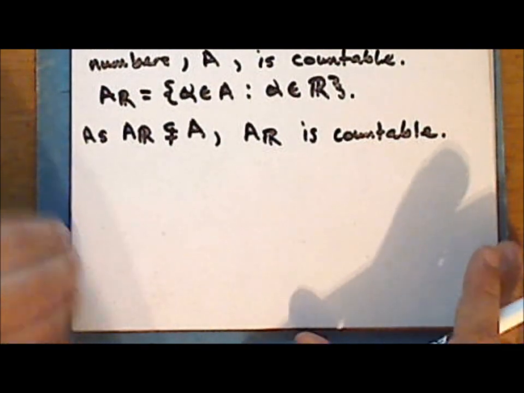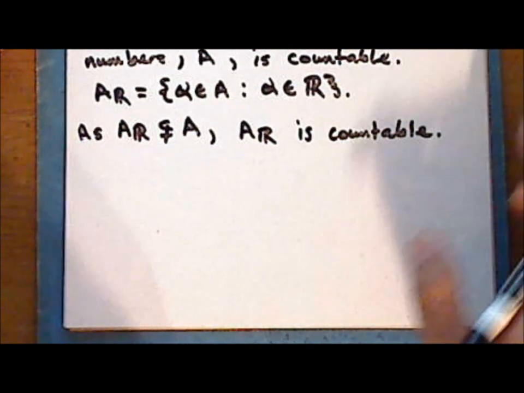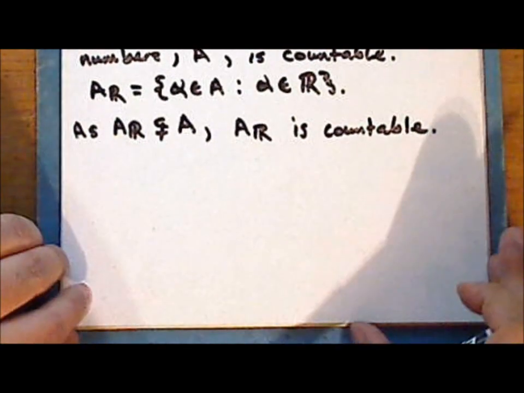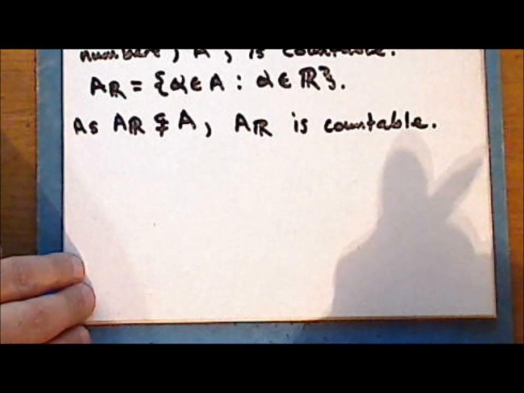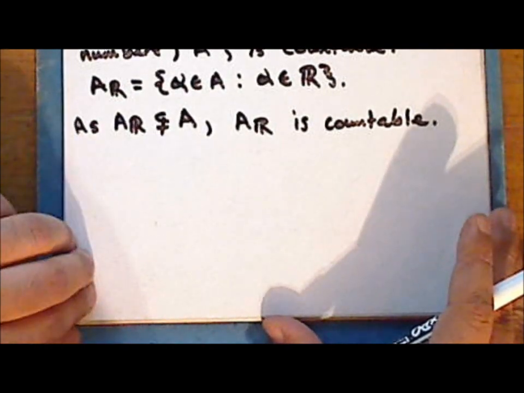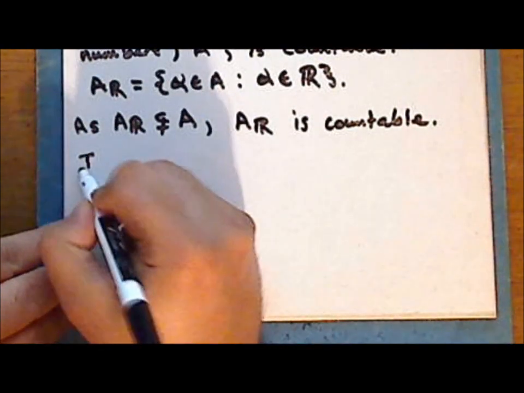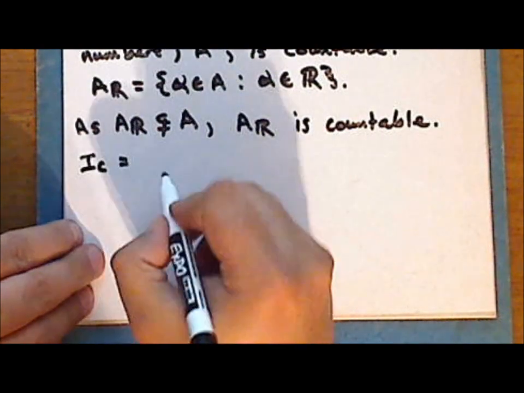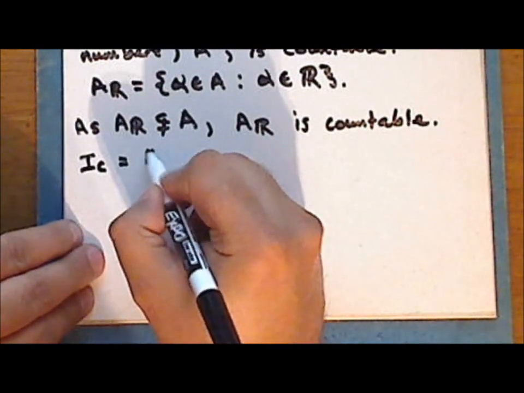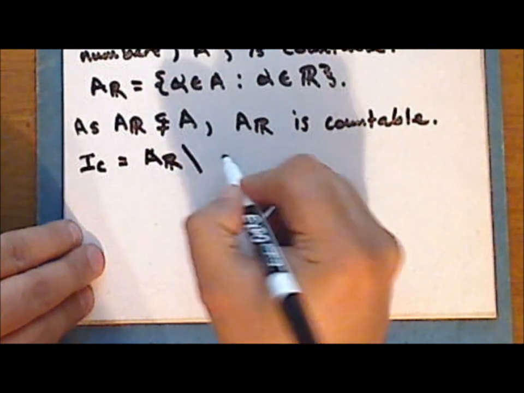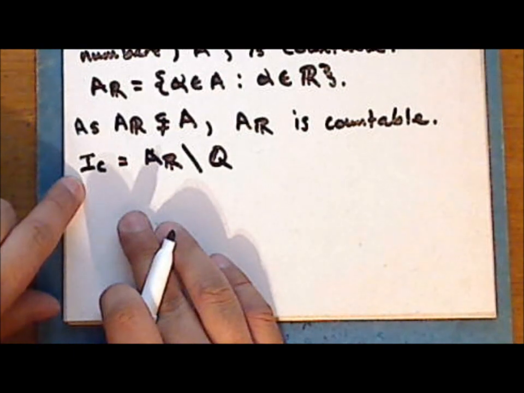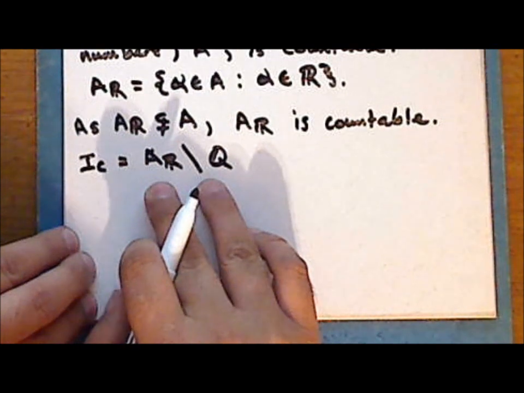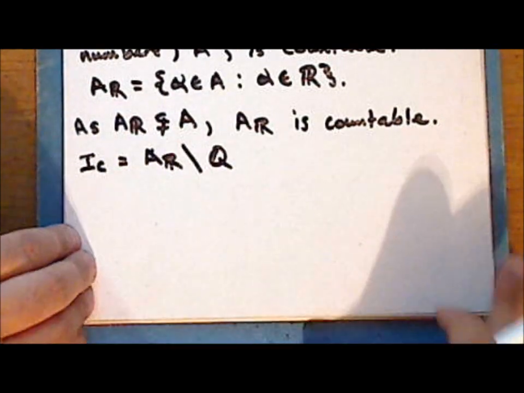And as we were able to see with a very simple polynomial equation, that being quadratic, some algebraic numbers, real algebraic numbers, are irrational, and so we'll denote by I sub c those real algebraic numbers without the rationals. And so here we mean a subset of irrational numbers, and those are the irrational numbers that are algebraic.